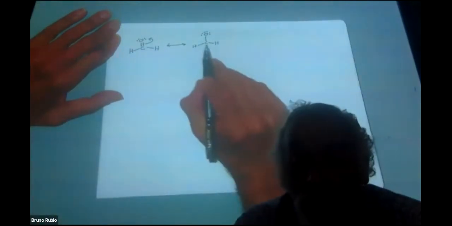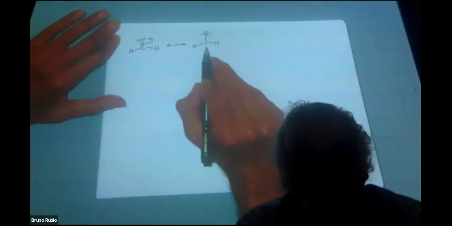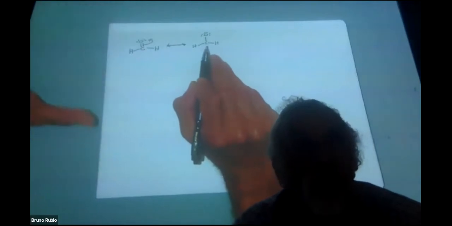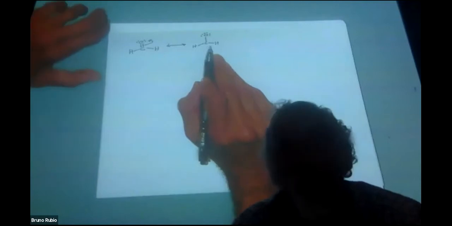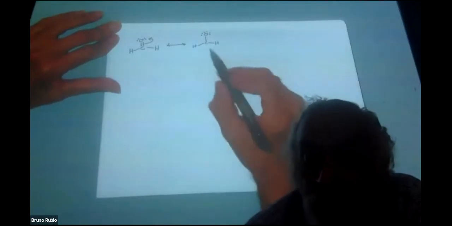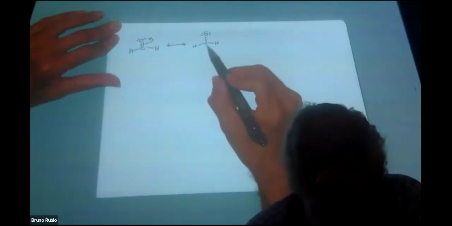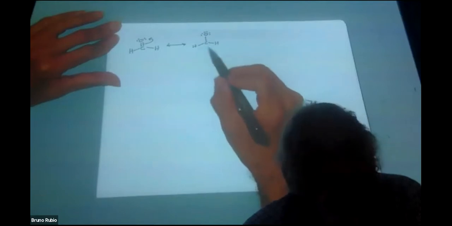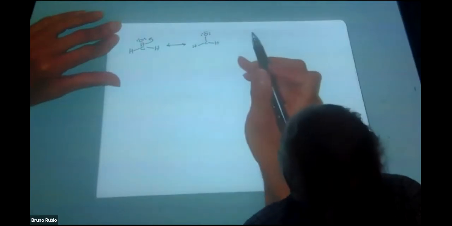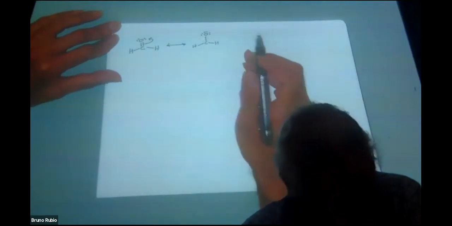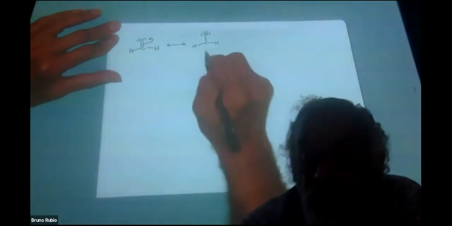But I'm not finished with this resonance structure yet because I always have to take care of formal charges. Last time I gave a prescription about how to calculate a formal charge based on group number. This carbon is group 4. 4 minus 3 bonds is 1. 1 minus 0 unshared pairs of electrons is still 1.